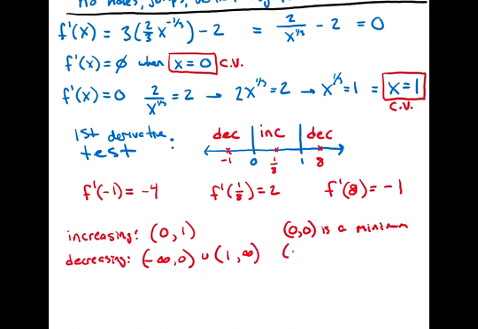And when x is equal to 1, the function itself, so if we plug in 1 to the original function, 3x to the 2/3 minus 2x, it's 3 times 1 minus 2 times 1, which is 1.